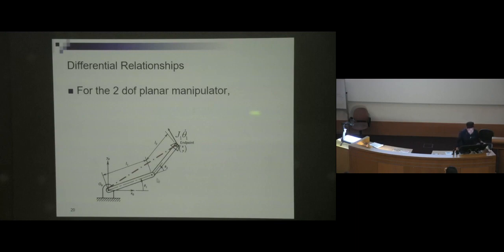From here we can visualize that you have your J1 theta 1, essentially a straight, and then you have your J2 theta 2, which is another one from your theta 2. So the result is V equal to J1 theta 1 dot plus J2 theta 2 dot.